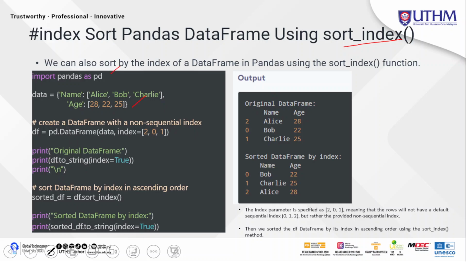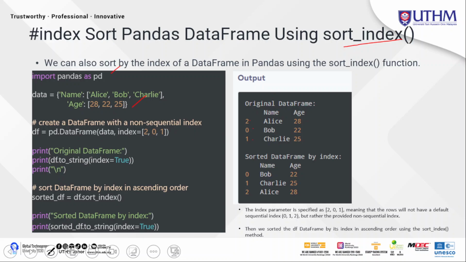Import pandas, create data, and then create a data frame with a non-sequential index 2, 0, and 1. So the first value, Alice, will be index 2, Bob will be index 0, and Charlie will be index 1.